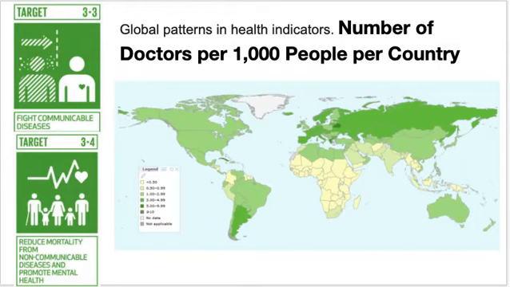We can also look at the number of doctors per 1,000 people in a country. Again, unsurprisingly, we see the dominance of sub-Saharan Africa in the lower end of the spectrum, where there are fewer doctors per 1,000 people.